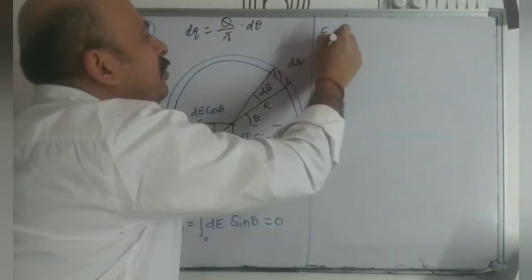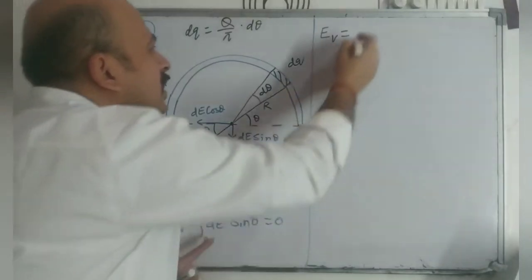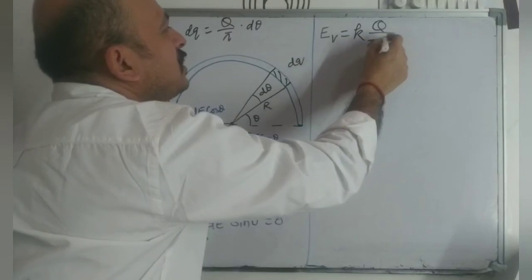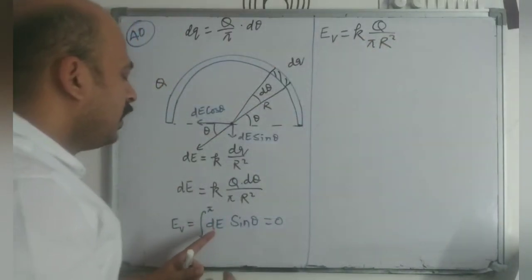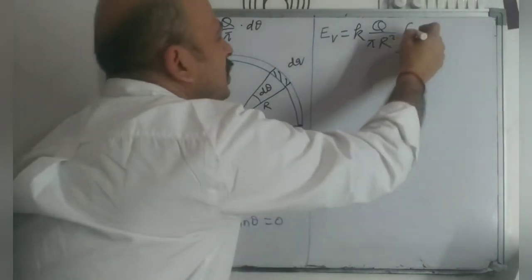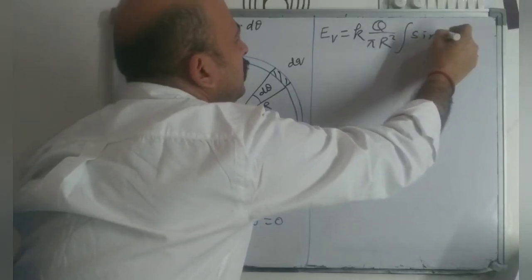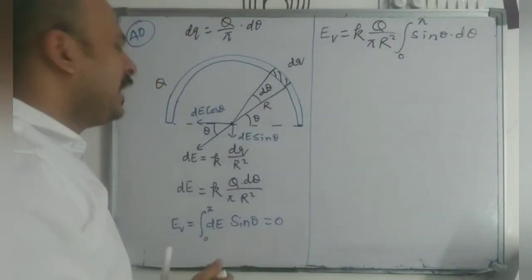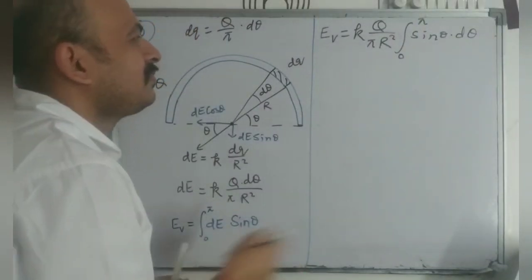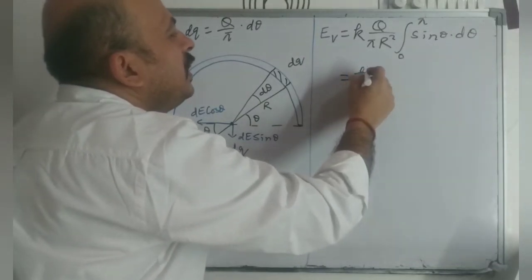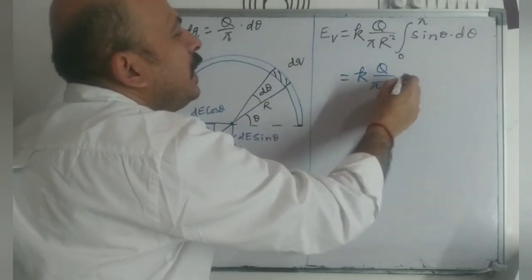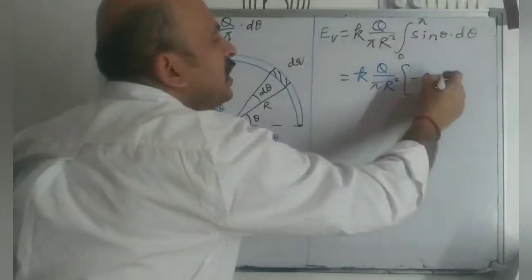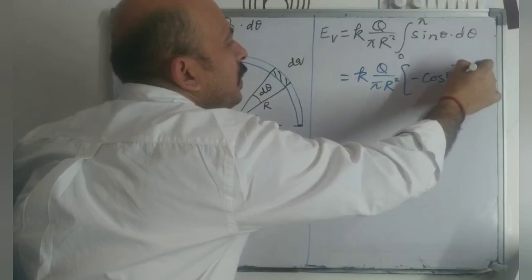Now E vertical component will be equal to K capital Q upon pi r square, which is constant, so you can take it outside. Theta is variable, so integration of sin theta d theta, limit from 0 to pi. Integration of sin theta is minus cos theta, limit 0 to pi.